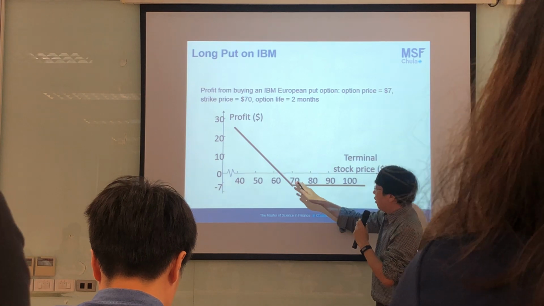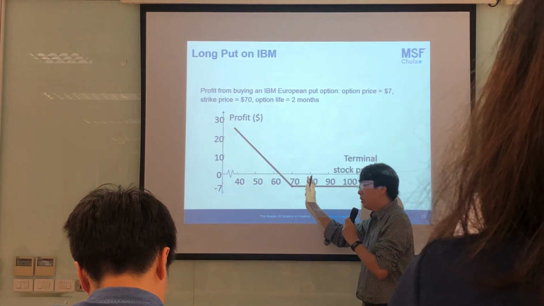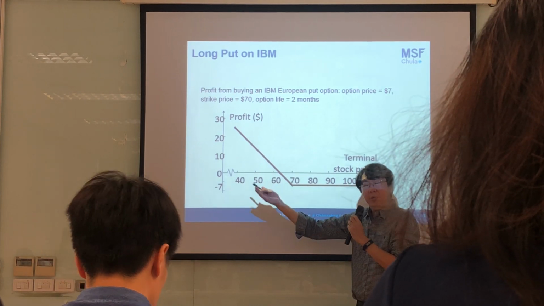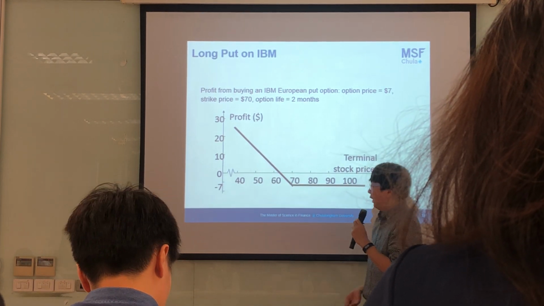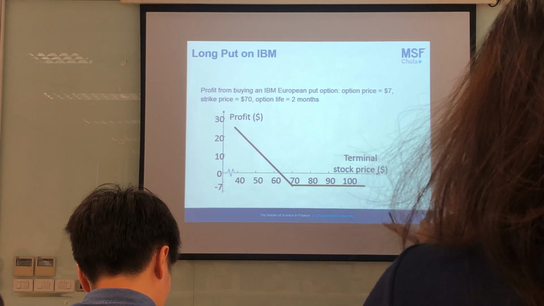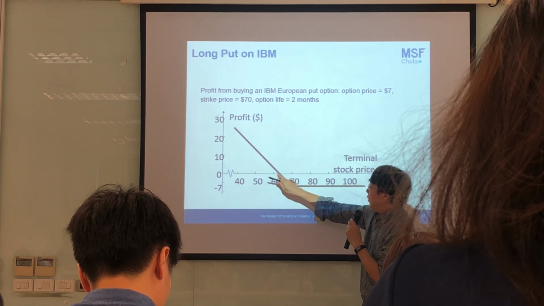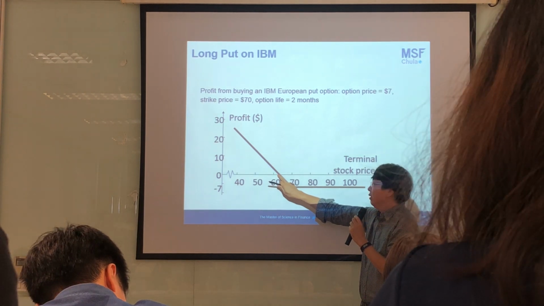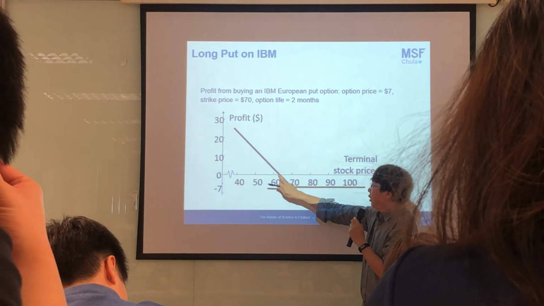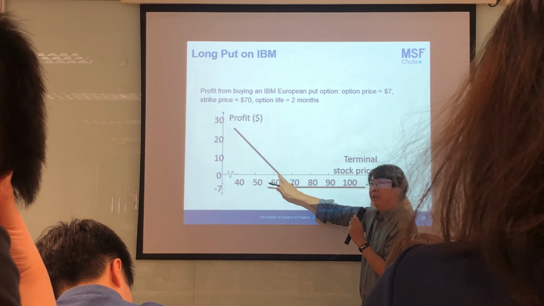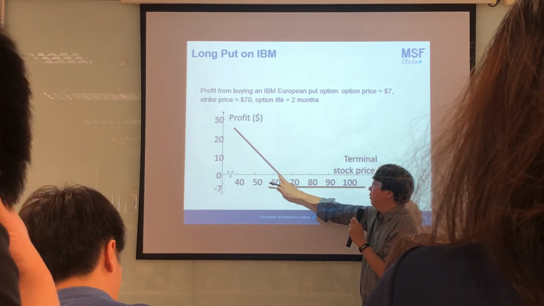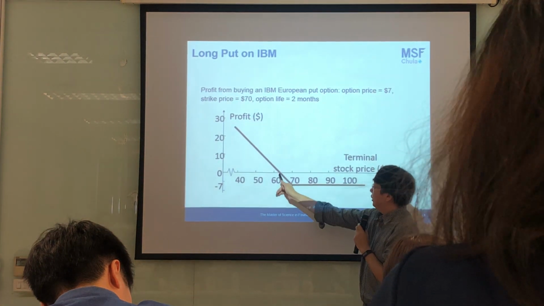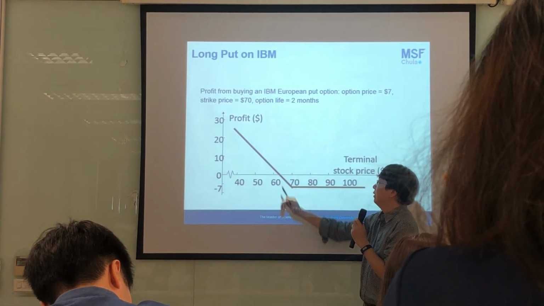However, if the stock decreases below 70, the value of the put would increase, and the break even here is equal to 63, right? Because you can exercise at 70, you get a $7 payoff equal to the premium. So this point is 63.